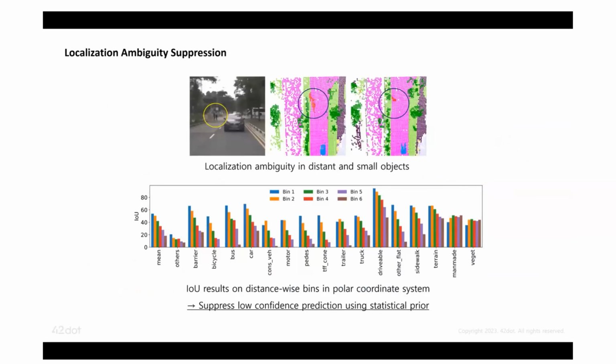Unlike LiDAR systems, where the presence of objects can be directly detected by points from the 3D sensor, in a camera system we need to localize 3D objects from images. This leads to localization ambiguity for distant and small objects. We propose to suppress low confidence predictions using statistical priors.